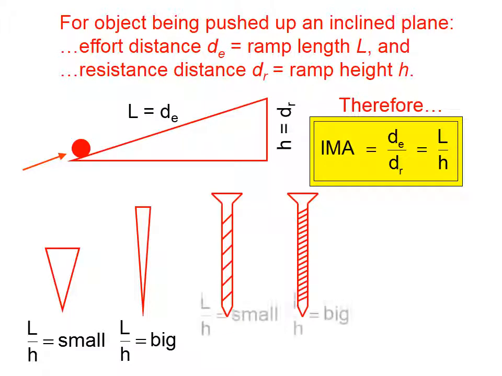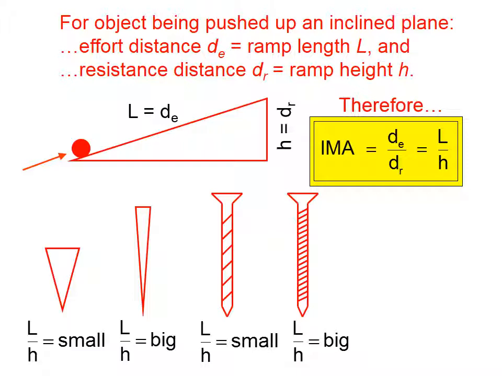Similarly, if we have two screws here, the one on the left, which has fewer threads, has a smaller L to H ratio. The one on the right has a bigger L to H ratio. The one on the right would be easier to screw in. Think of using a screwdriver and having to screw each of these in. The one on the right, each turn would be fairly easy.